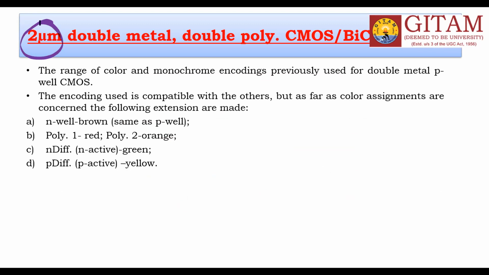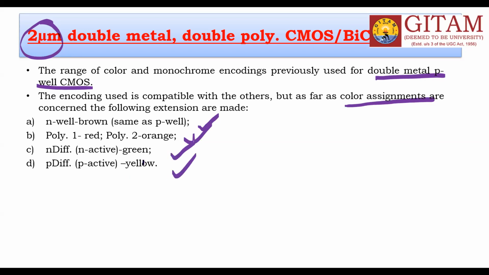Okay, so the range of color and monochrome encodes previously used for the double metal P-well CMOS. The encoding used is compatible with the other, but as far as the color assignments are concerned, the following extensions are made. First one is N-well, poly, N-diffusion, P-diffusion.